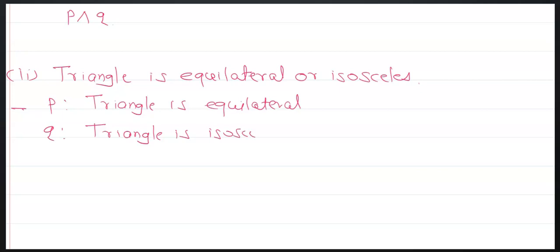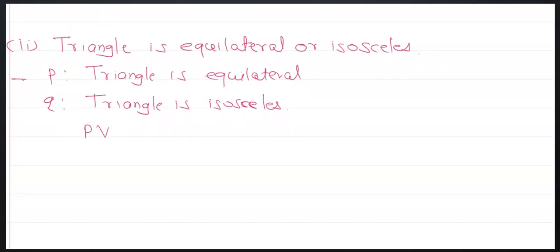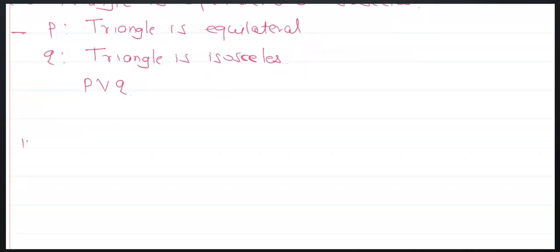Q: triangle is isosceles. Due to my writing tablet, sometimes the handwriting is not good. You can understand this.